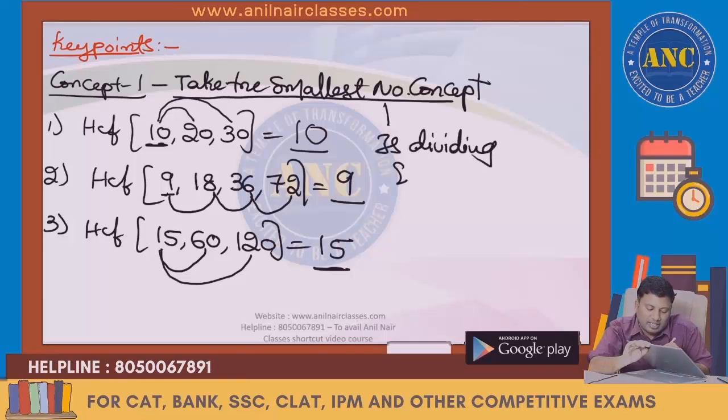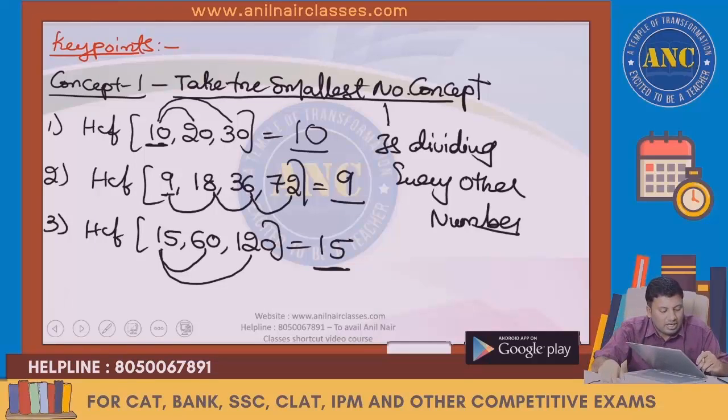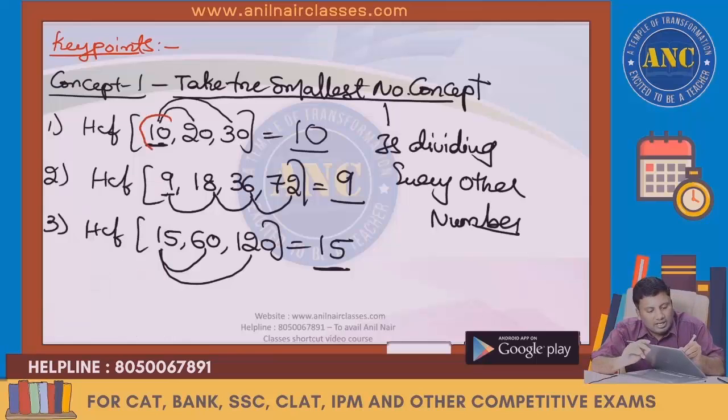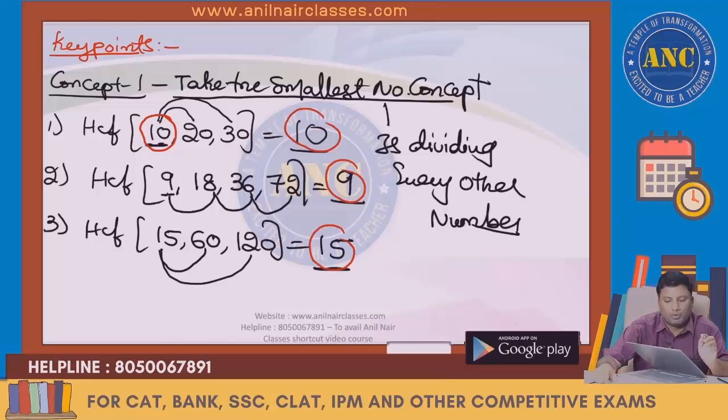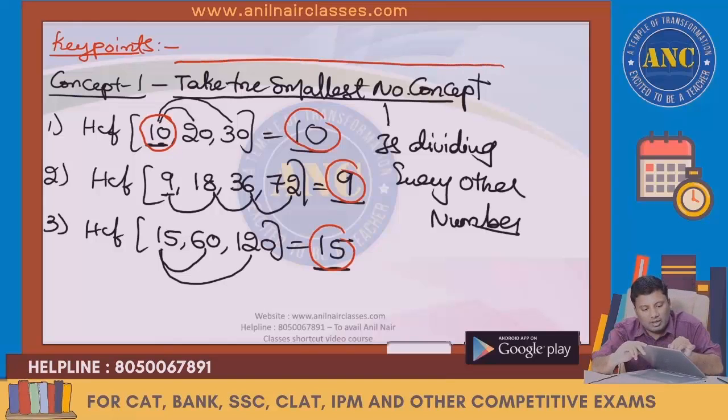If the smallest number divides every other number, then that number is called the HCF for the set of numbers. Concept number 1, the take-the-smallest-number concept, is clear.